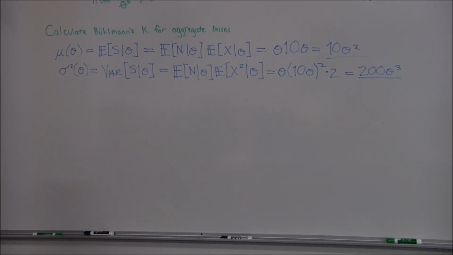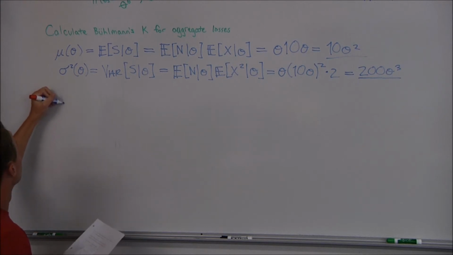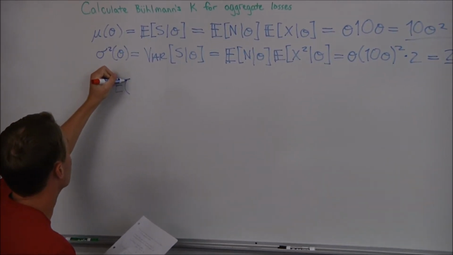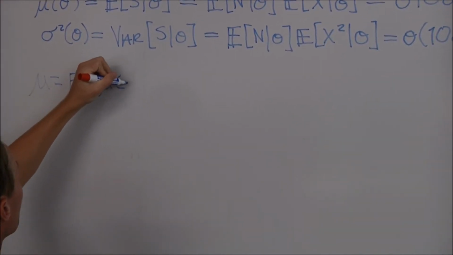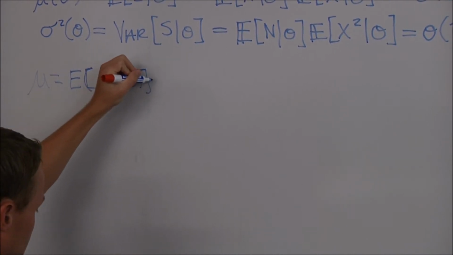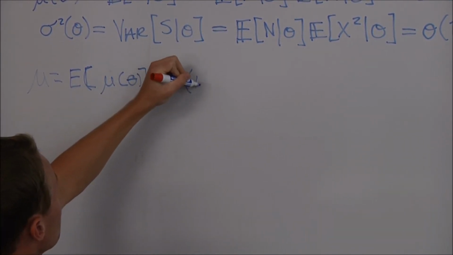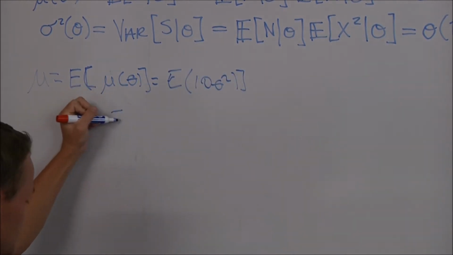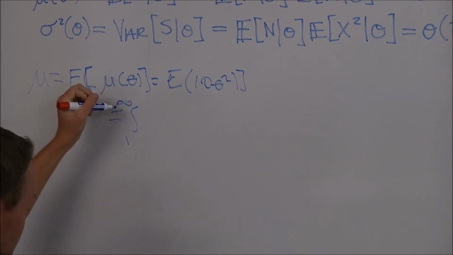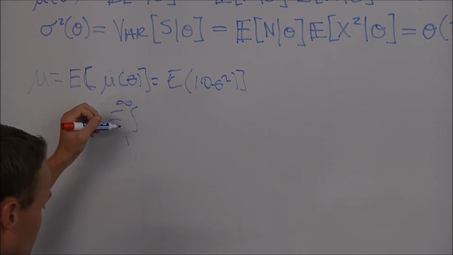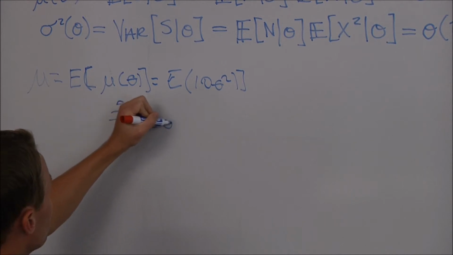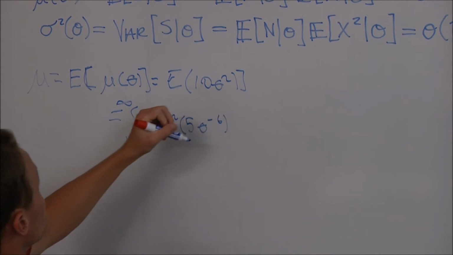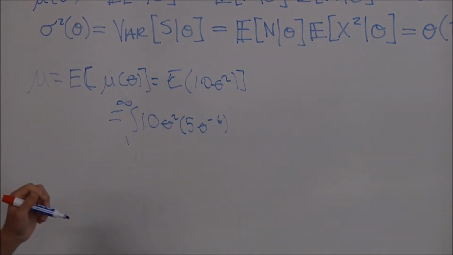And now we're going to find the population mean, which is the expected value of the hypothetical mean, and that is the integral from 1 to infinity of 10 theta squared times 5 times theta to the negative 6th, which was the prior distribution PDF.